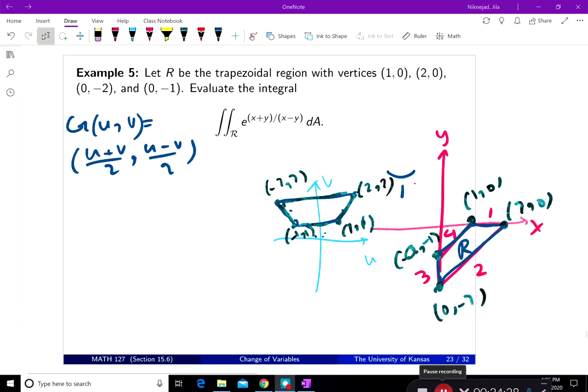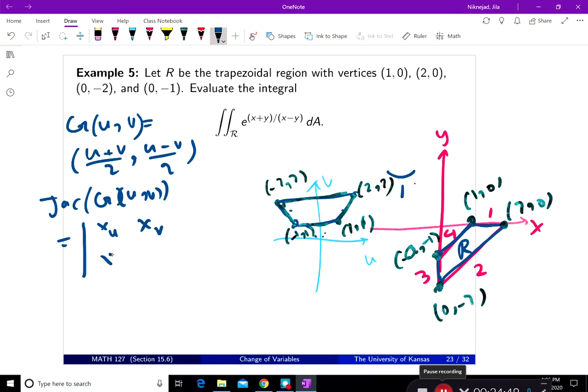Okay. Now let's first find the Jacobian of G, and G of u and v. That's x with respect to u, x with respect to v, y with respect to u, y with respect to v, and that gives me 1/2 for the first one, 1/2 for the second one, 1/2 for the third one, and negative 1/2 for the fourth one.